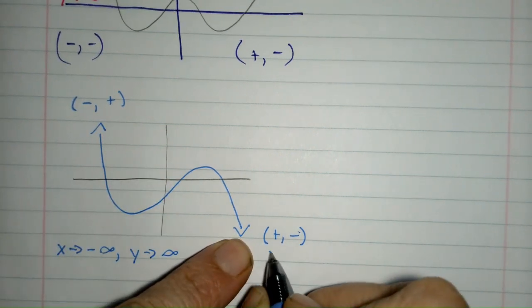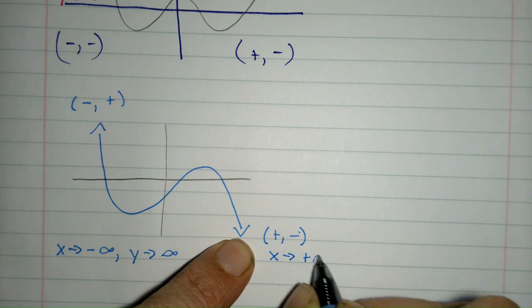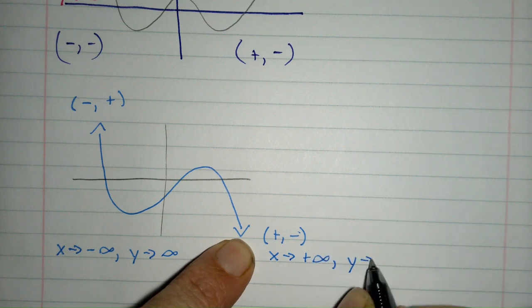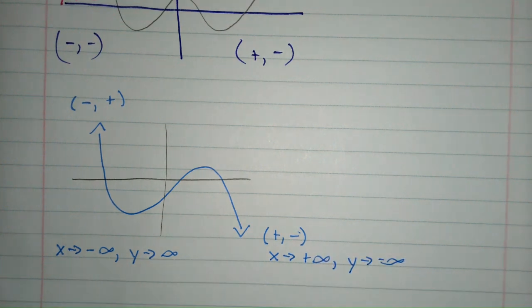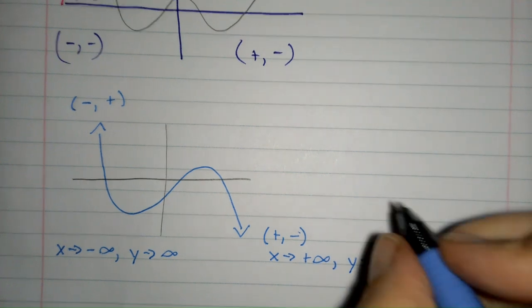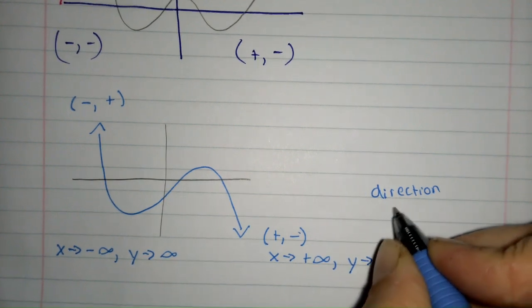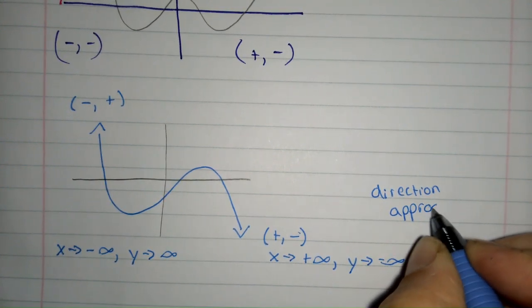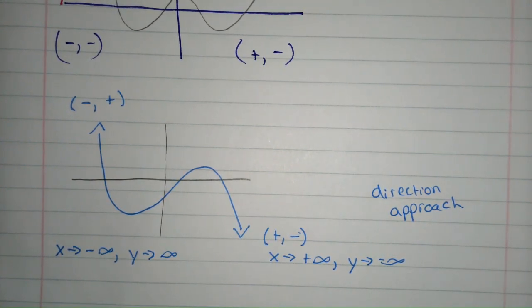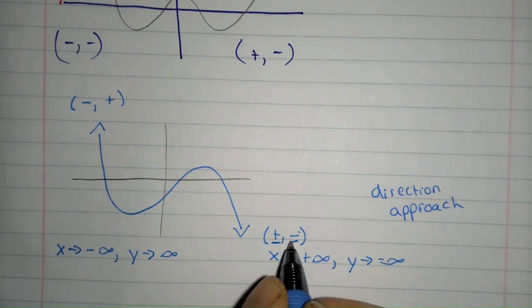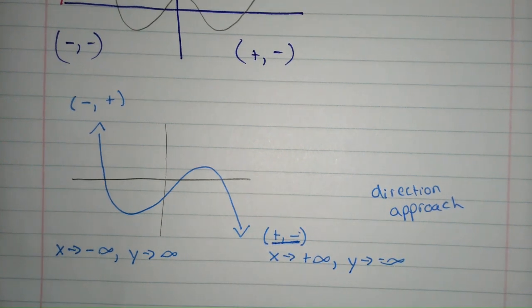My right side, as x goes positive, y goes negative. So to get that direction approach notation, that's what it's called, I'm just using infinities after the signs of what the ordered pairs would be in that quadrant.